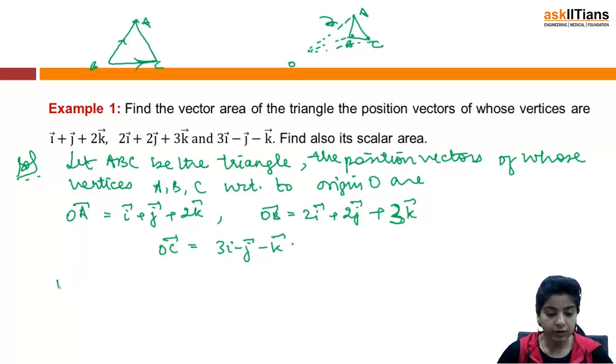So BA would be equal to OA minus OB, right? You can see it from here also. Why?